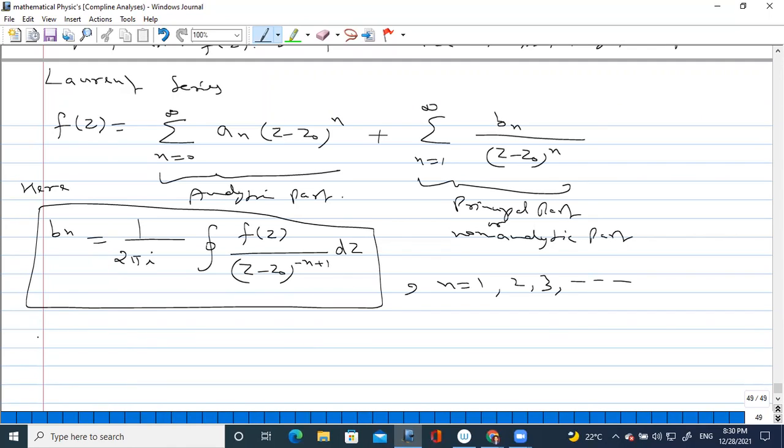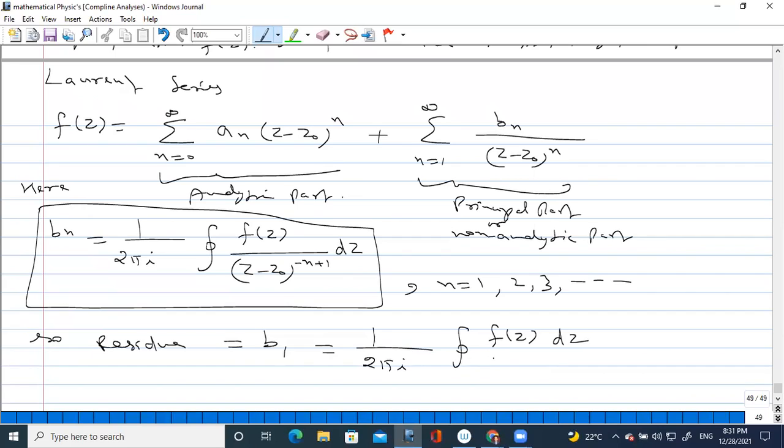Because I want to find residue, residue will be equal to b1, so you put n equal to 1. It will be (z minus z0) to the power minus 1 plus 1, which is 0, so the power of that is 1. So the answer is 1 upon 2 pi i closed integral of f(z) dz.